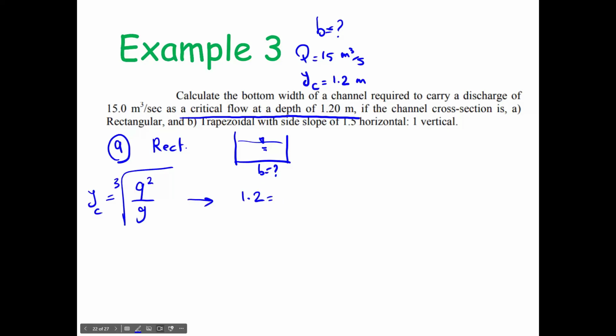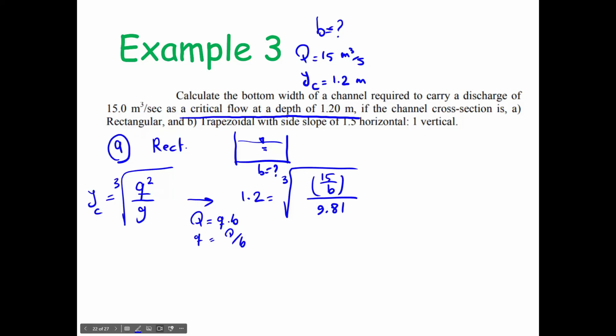YC is given to you. Q squared over G is here. Instead of Q, I should write it like that: little q is equal to Q over B. So Q over B, Q is 15.